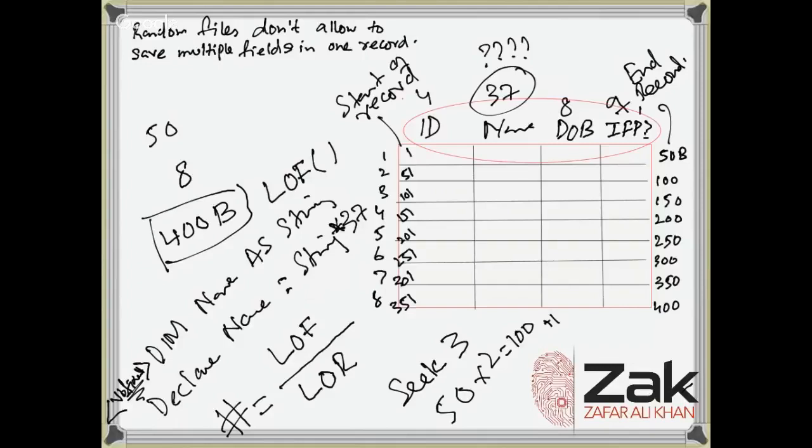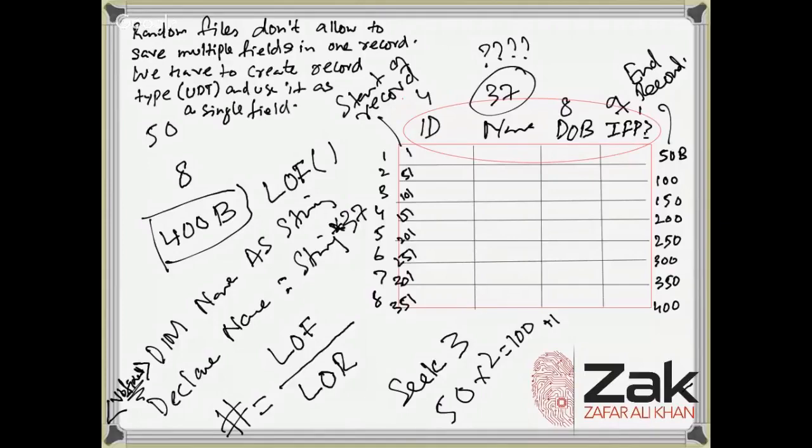What do we do? We have to create a record type or user defined type and use it as a single field, because a random file only allows one field to get saved at one moment.